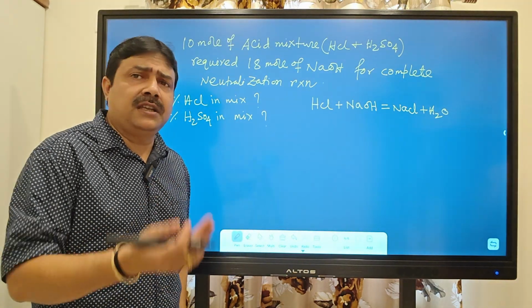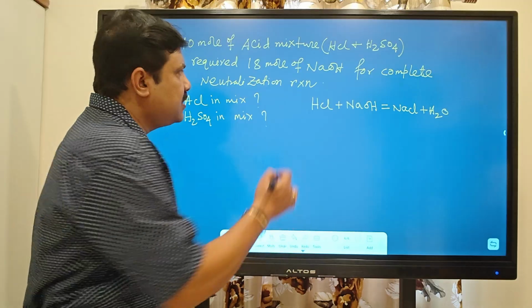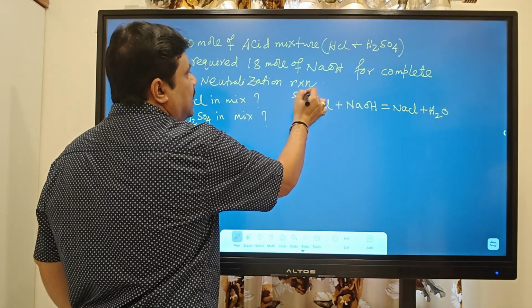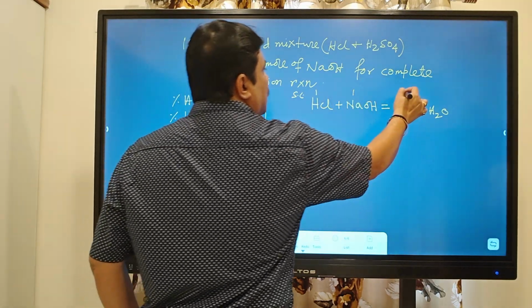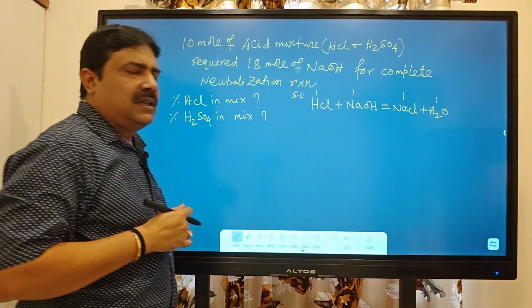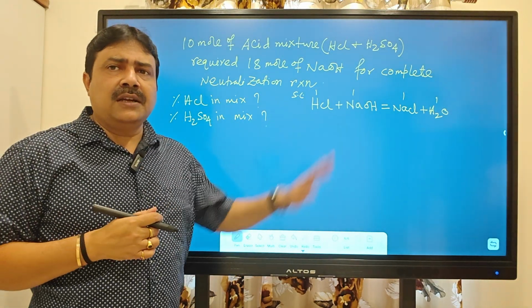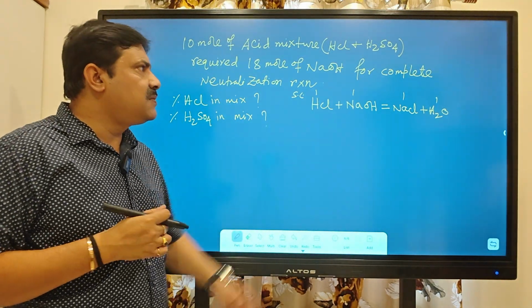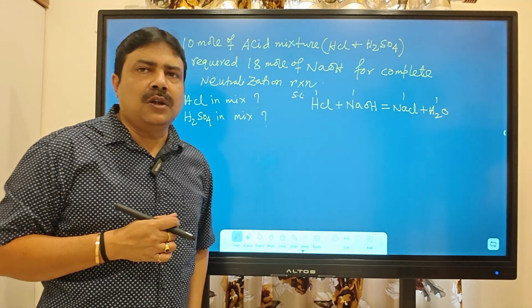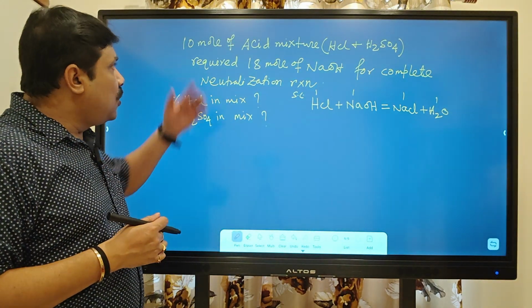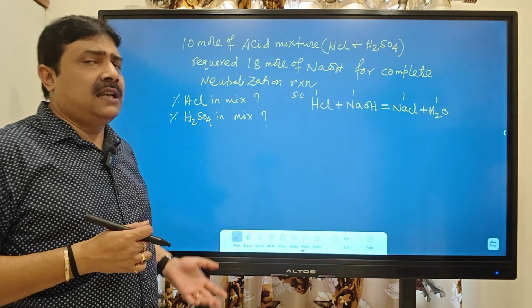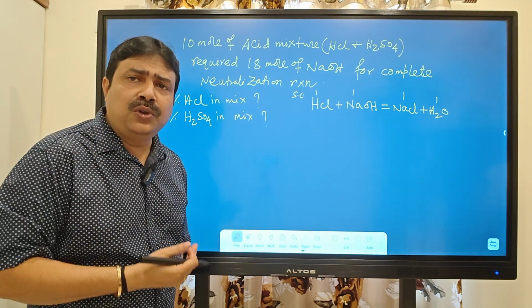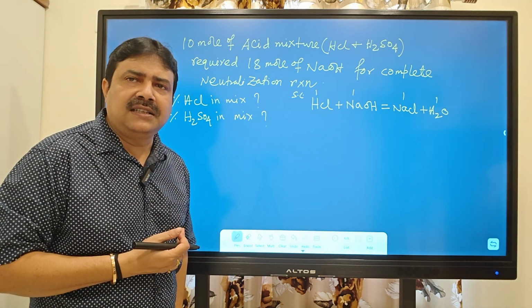Reactions always take place as per stoichiometry. Here the stoichiometric coefficients, I told you, write down here: 1, 1, 1. Yes or no? So 1 mole of HCl reacts with 1 mole of NaOH, forming 1 mole of NaCl and 1 mole of water. Then out of 10 mole, I don't know how much HCl. In algebra, what we don't know we take as let x, let y, let z, whatever.